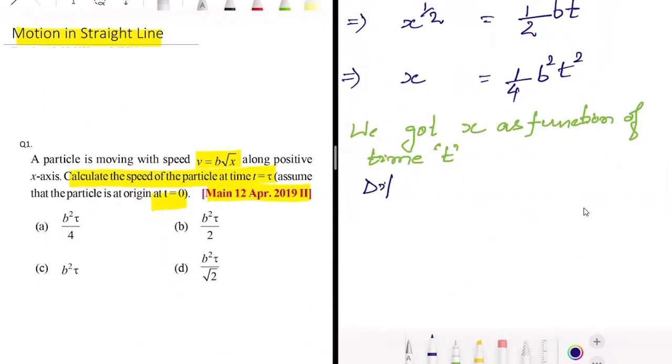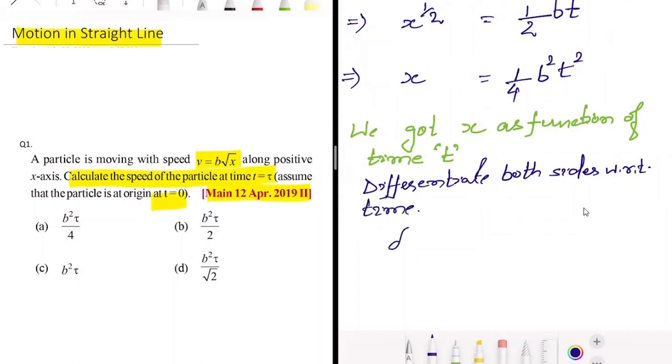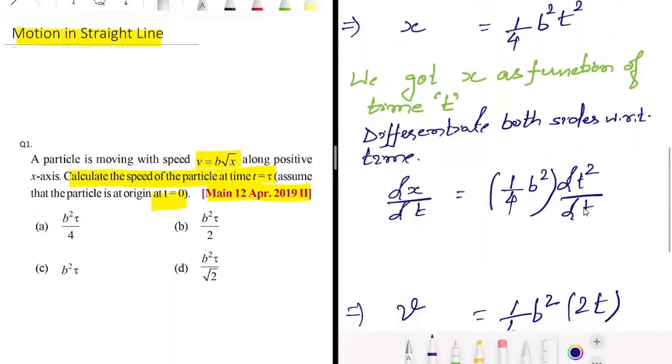You differentiate both sides with respect to time. This gives you dx upon dt is equal to 1 by 4 b square d(t square) upon dt. We have just taken out the constant. Simple rule of differentiation.